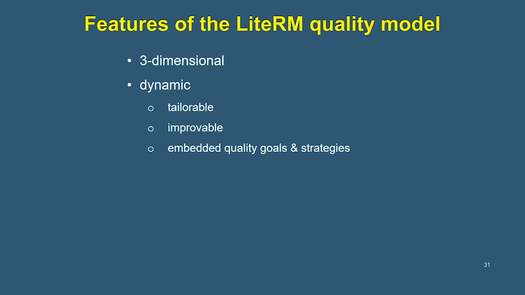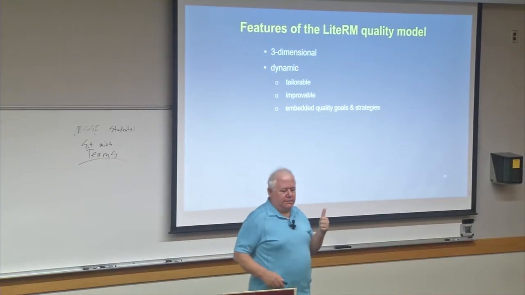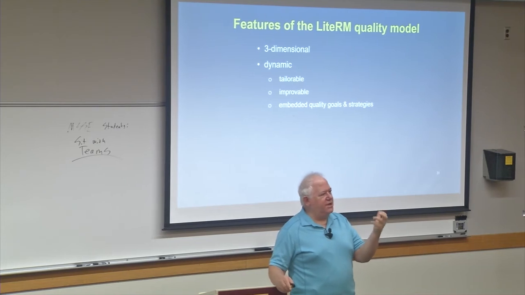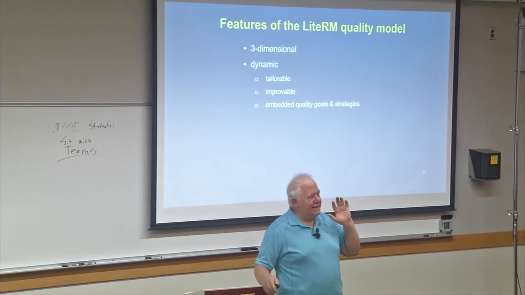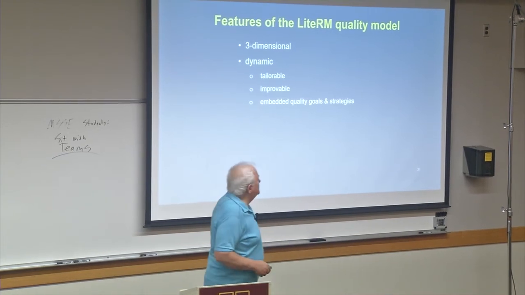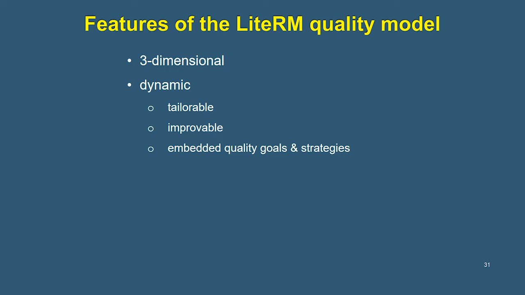Okay, so what's the bottom line then on this LiteRM, Light Requirements Management Quality Model? It's three-dimensional. Okay? So it's got lists, it's got structural support information about what supports what, and it's got a ton of detail in these 30-plus attributes. It's dynamic.